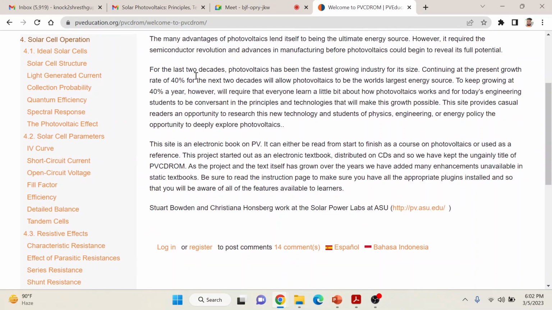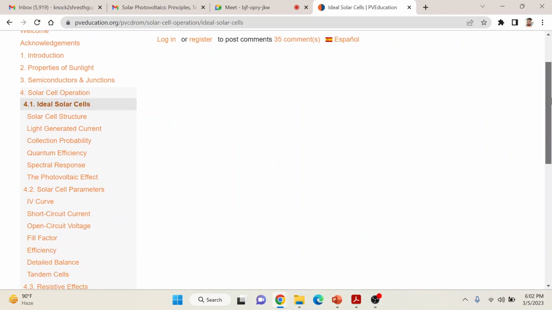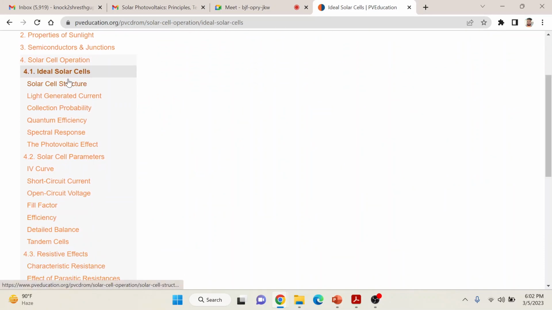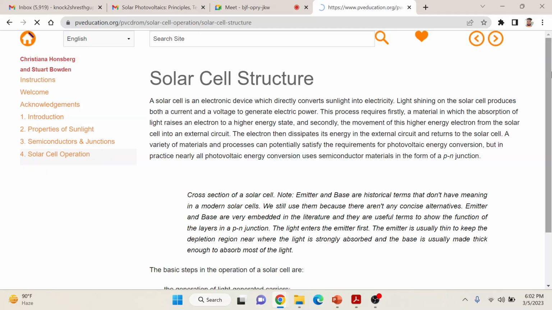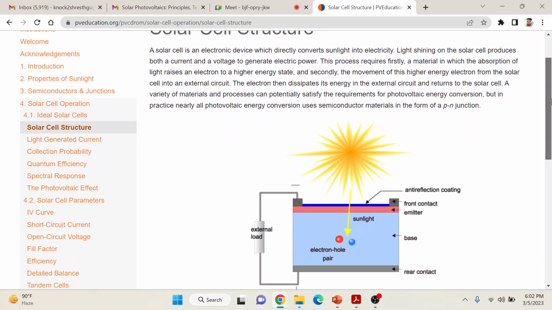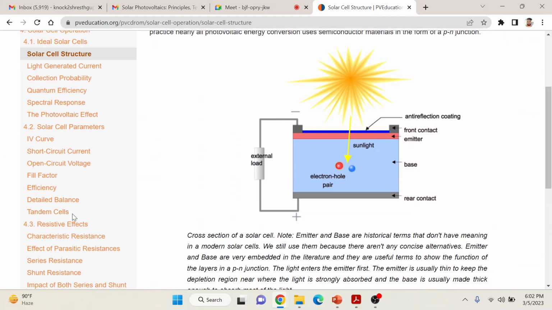In today's class we will have questions on the basis of solar cell operations. If you go to solar cell operations on this website, to start with there is the solar cell structure, and then many other topics: light generated current, collection probability, quantum efficiency, spectral response, photovoltaic effect. These are the basics of an ideal solar cell.